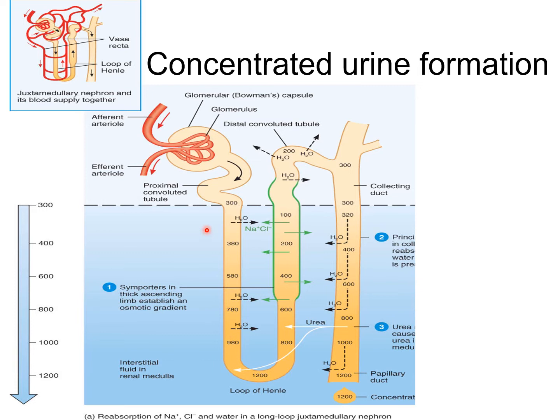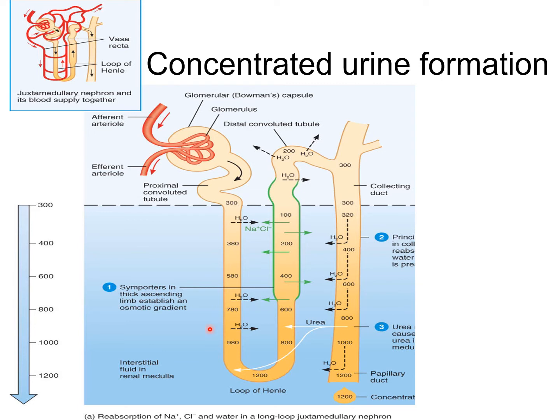So you see different shades of blue here. This tells you just how salty the interstitial fluid is, and the reabsorption of sodium and chloride from the loop of Henle continues. And where does all that sodium and chloride go?